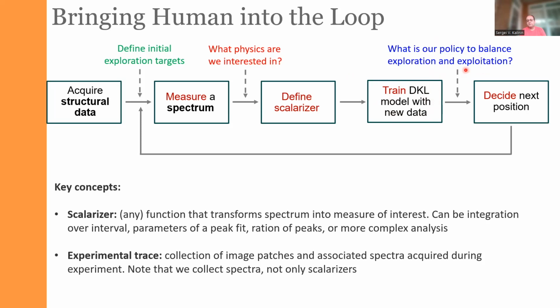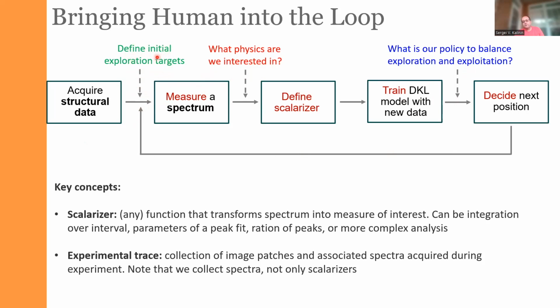So for example, UCB or EI can be made more or less greedy by tuning the parameter beta in UCB.